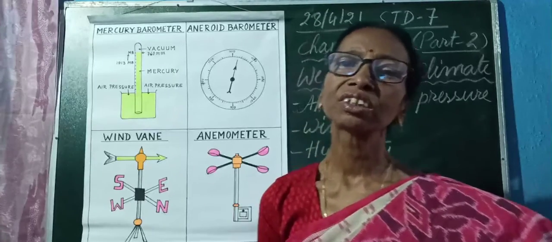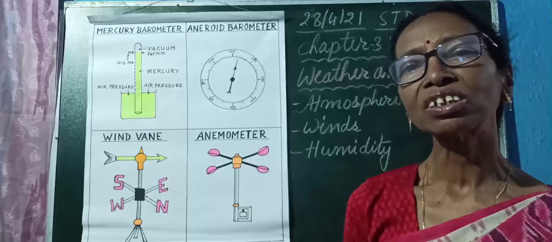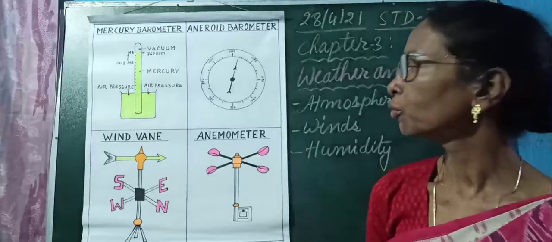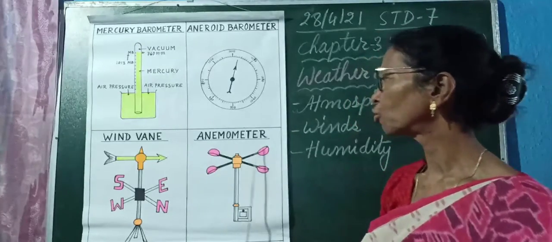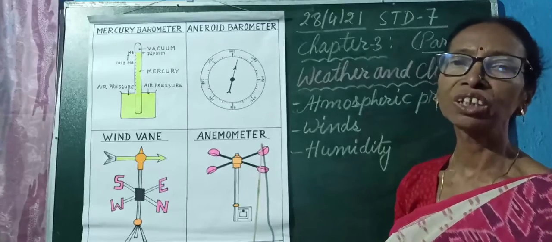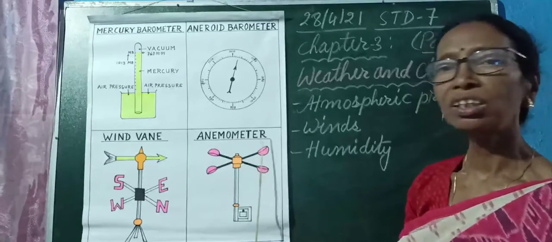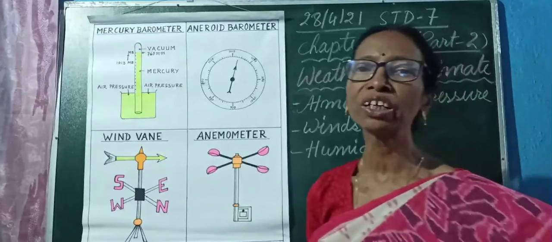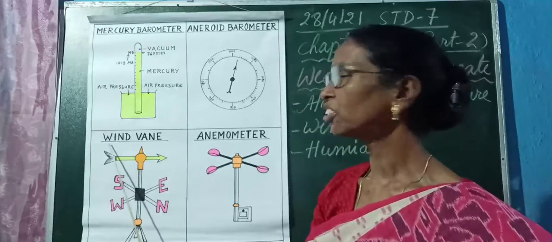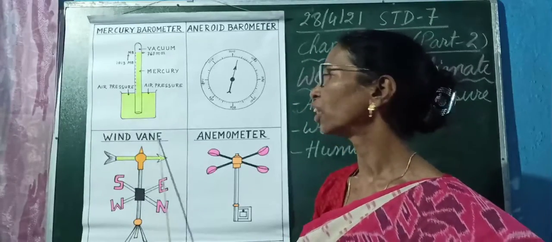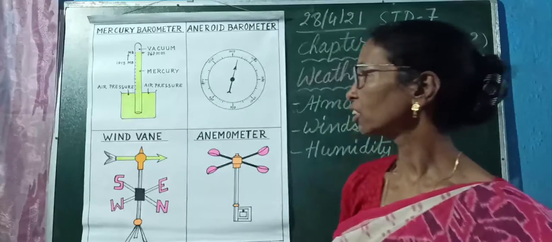And winds are measured with the help of an anemometer. The speed of wind is measured with the help of an anemometer, and the direction of wind is known with the help of the instrument, that is the wind vane. How does it work?